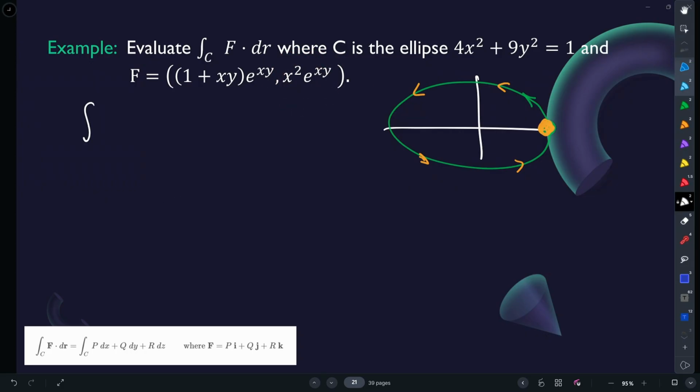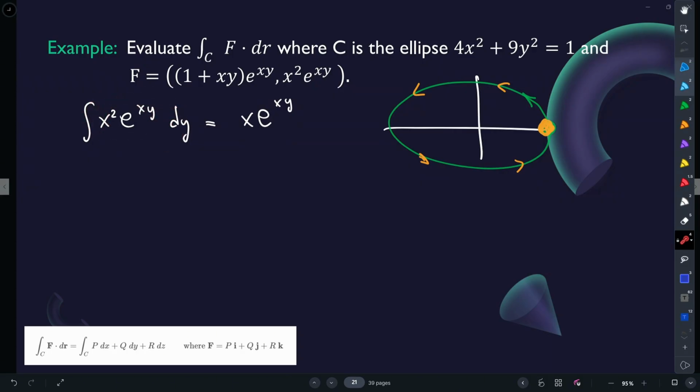So if I integrate this one with respect to y, what do I get? x e to the xy. Is that right? If you do a u substitution or something, you can see, let's just check that the derivative of this with respect to y would be this.